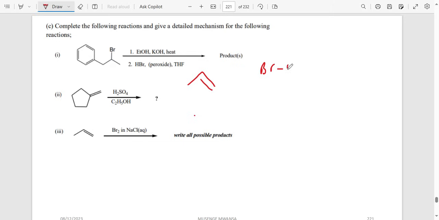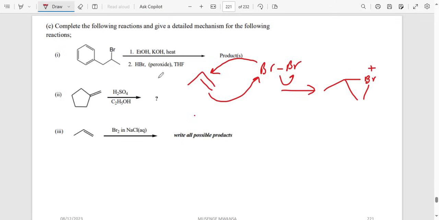The Br is like that. What is going to happen is that the double bond is attacking the Br, breaking off this bond, and then this is also attacking. So what is going to be formed? We are going to have Br attaching at both ends. It's going to be positively charged. This is step one. Is this okay?